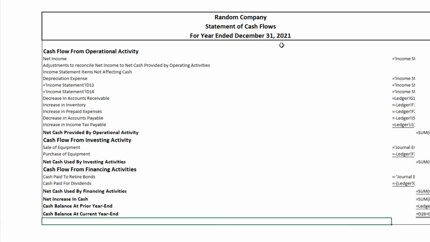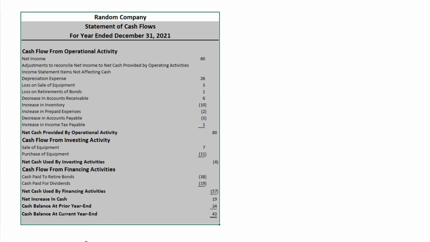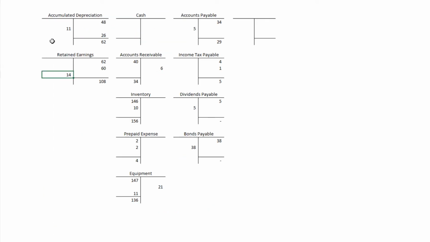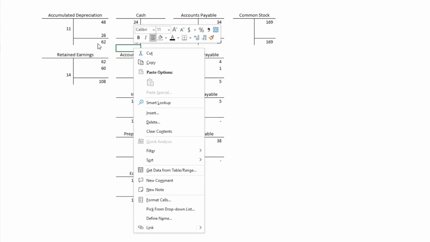I'm not hard typing any numbers into the statement of cash flow. They're flowing from either the income statement or the ledger, or they're using some adding things up, or just simple arithmetic. And then that's our statement of cash flow. And you know that you did it correctly because the 43 should match with this. Add the 19, you get 43.